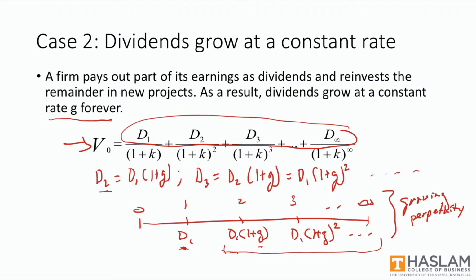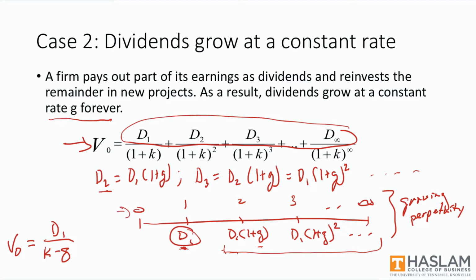And it has a very simple formula as well. So here we have V at time 0 is equal to D1 divided by K minus G. Now, instead of knowing D1, we may know the dividend at time 0.